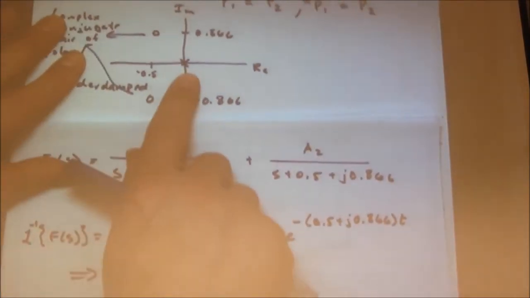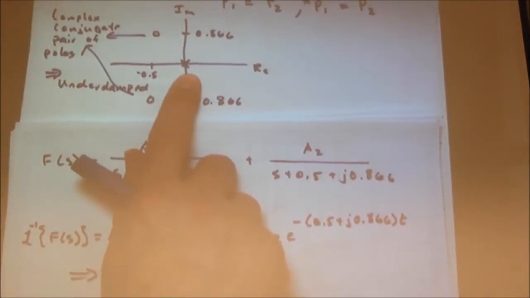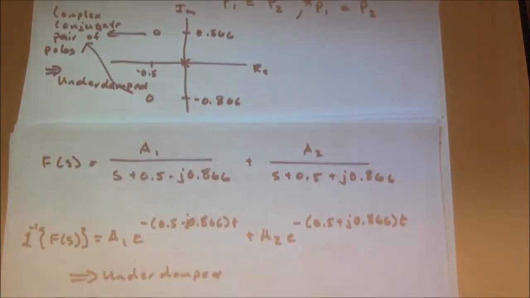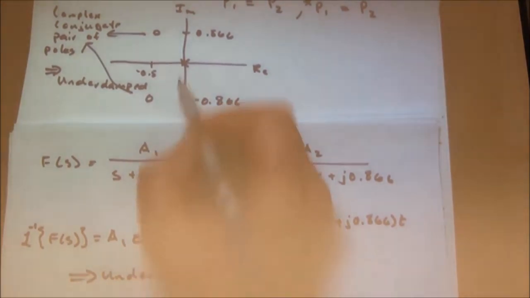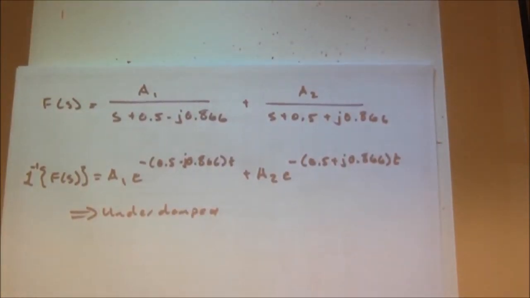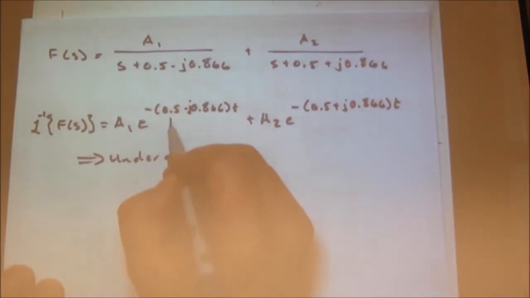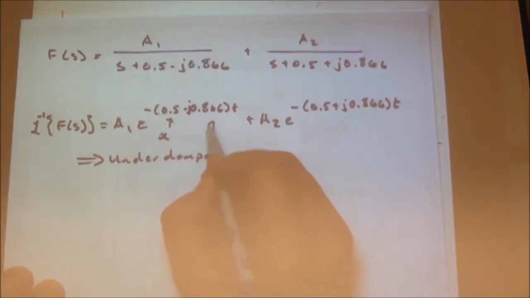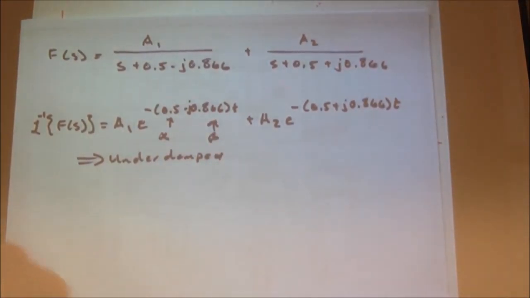Does this term have a DC steady state? Well, it's zero. Technically it does, but no DC term here. We could have a DC steady state term, so we could have a real pole here as well. We'll have to replace that zero, of course. Looking at this, that's alpha, that's beta.